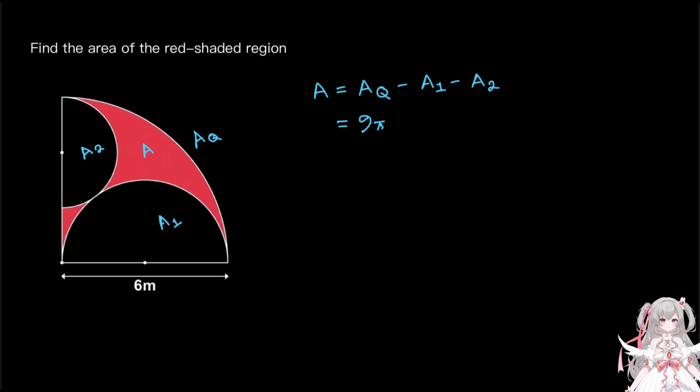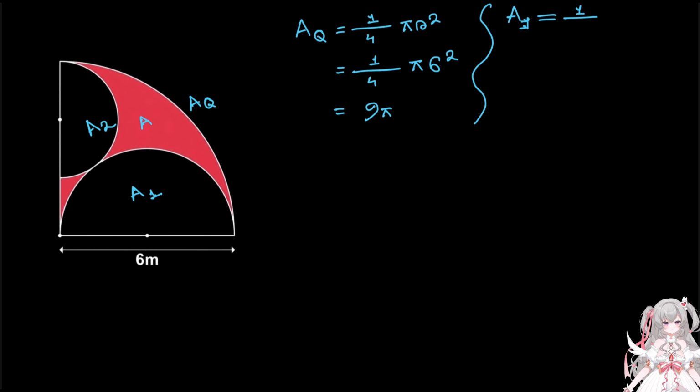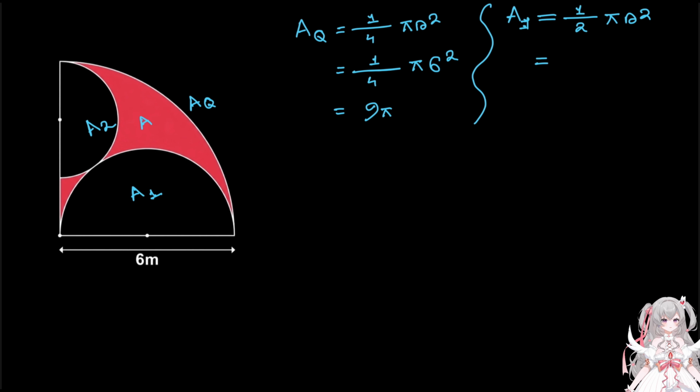And now, let's move on to finding the area of this semicircle A1. In order to do that, we would need a slightly different formula than this one. And that is A1 is equal to 1/2 pi R squared. The reason for writing 1/2 here is that this semicircle is basically a half circle, and in order to find the area of a half circle, we need to multiply the formula by 1/2.